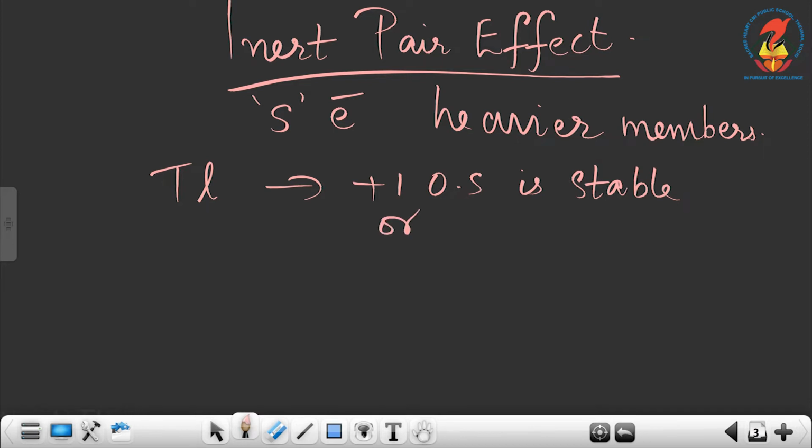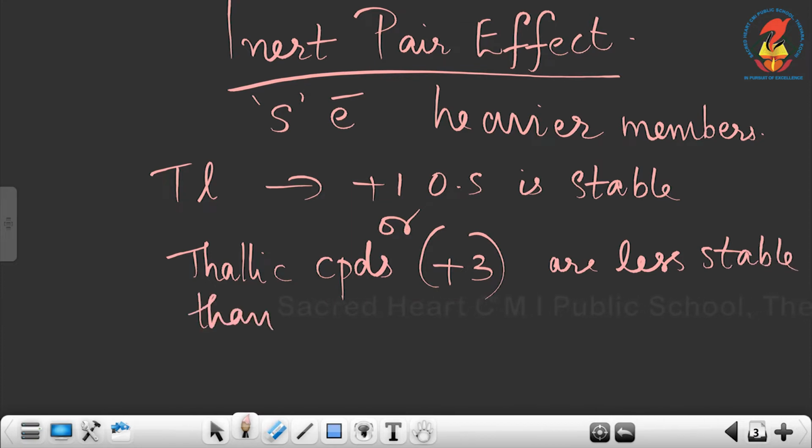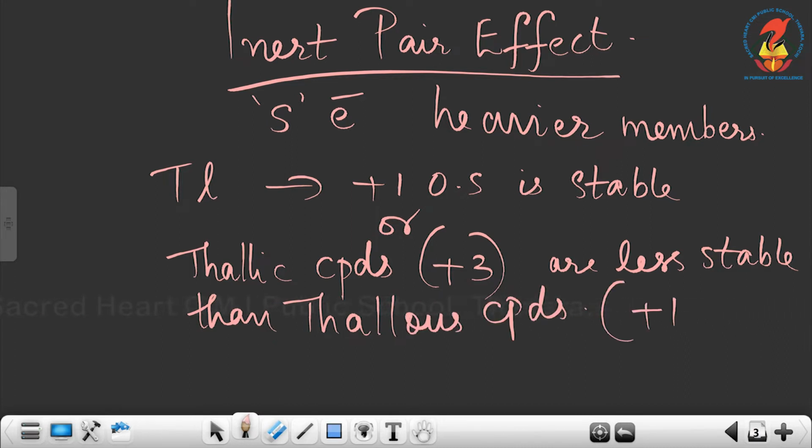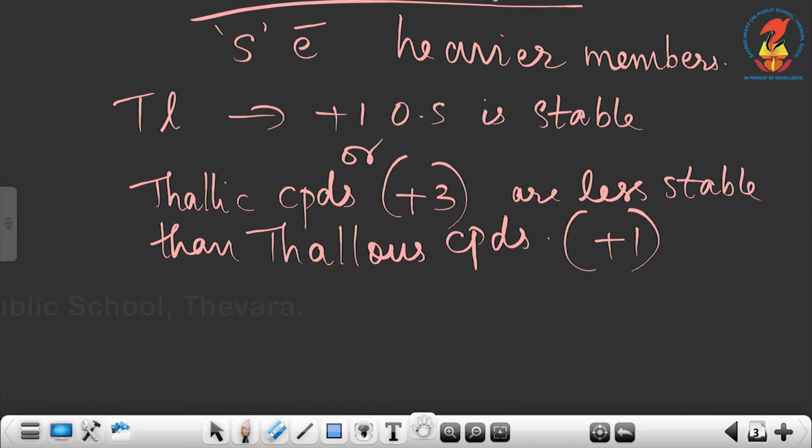Or we have another question, thallic compounds, that is +3 oxidation state, are less stable than thallous compounds. Thallous compounds means they are in +1 oxidation state. Or we have another question, the answer for all the three questions are the same.